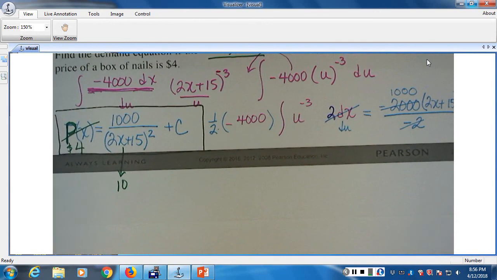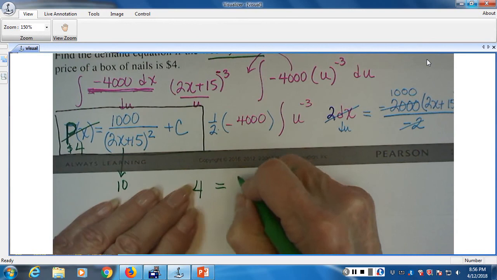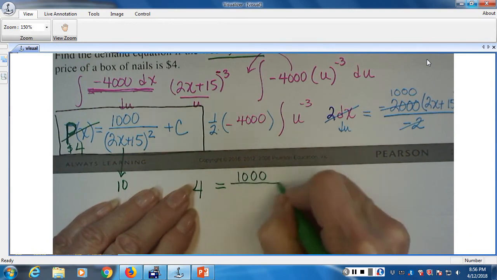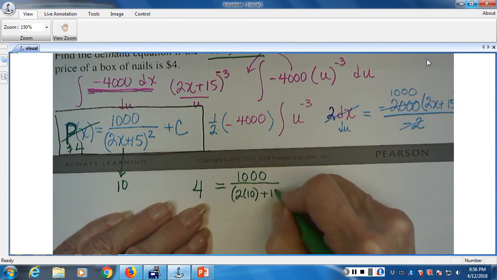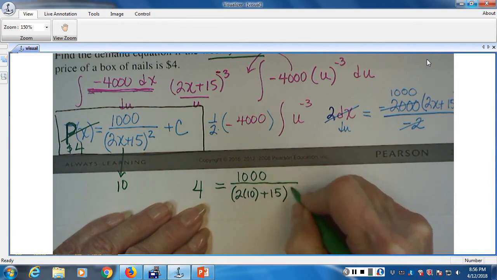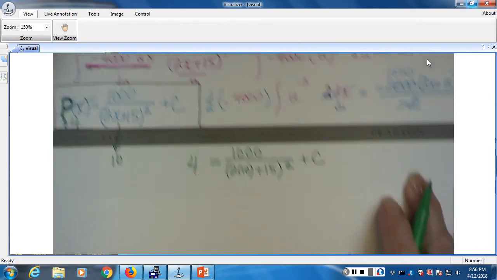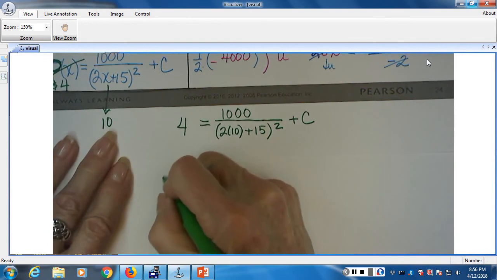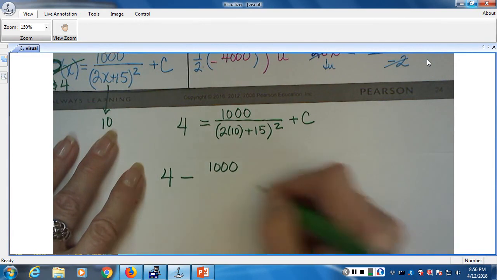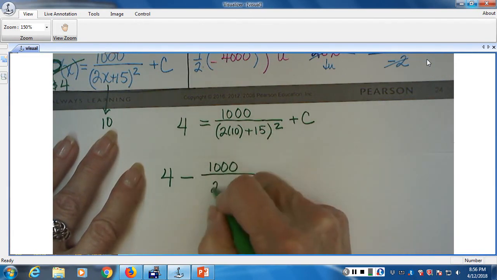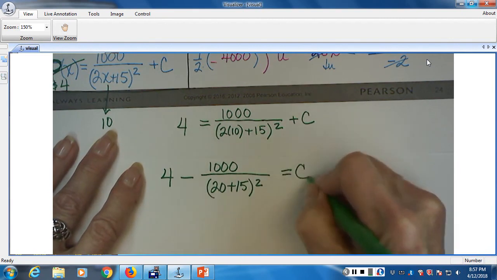So if we solve the equation, 4 is equal to 1,000 over 2 times 10 plus 15, quantity squared, plus C, then we have 4 minus 1,000 over 2 times 10 is 20 plus 15, and that squared is equal to the constant.